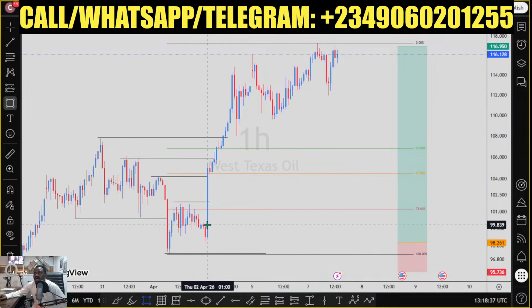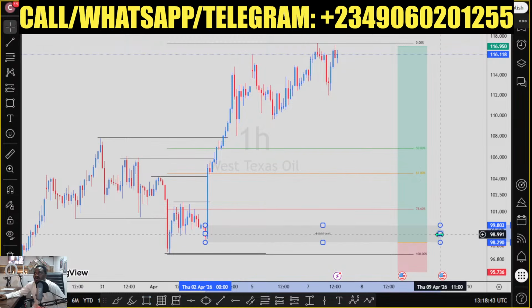But right here we had a strong demand. We marked out this demand. We marked out that strong demand. You can see how we start our analysis.